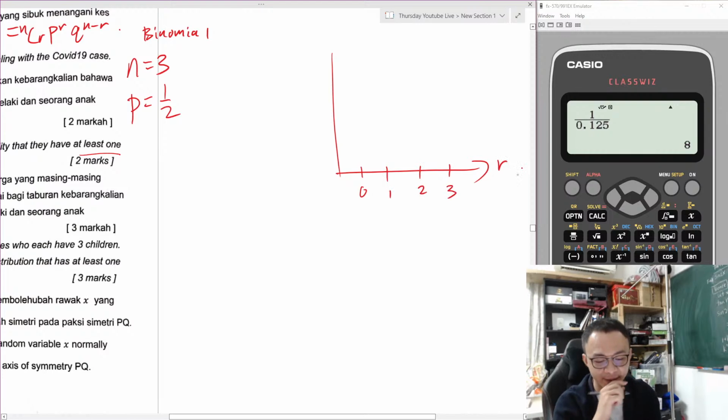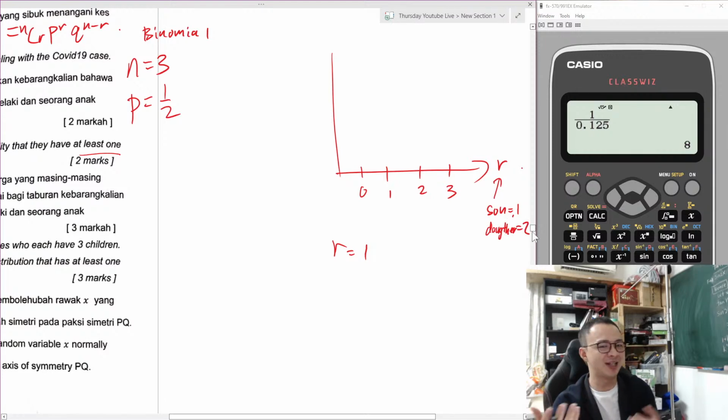Here my r value I use for son. So if my r equals to 1, this basically means I have 1 son, then daughter automatically will be 2, right? Because if you get 1 son, you must have 2 daughters. There's no in between, isn't it?